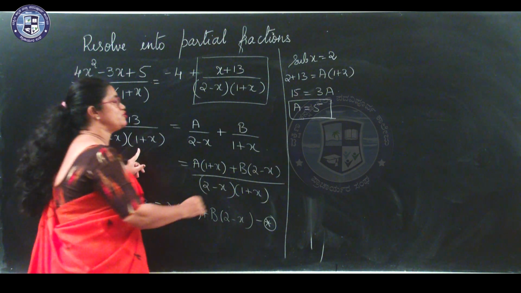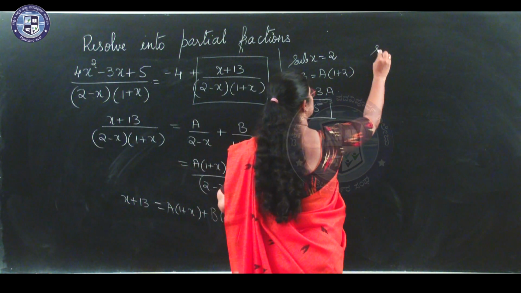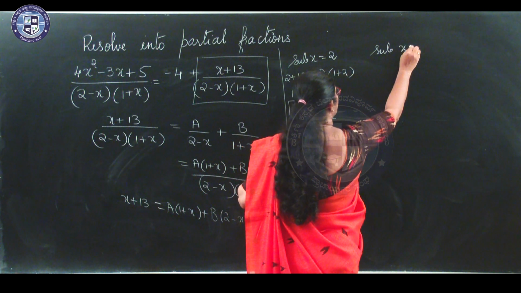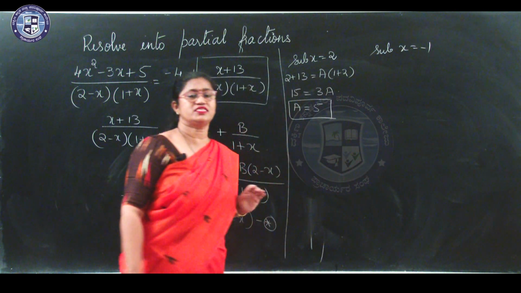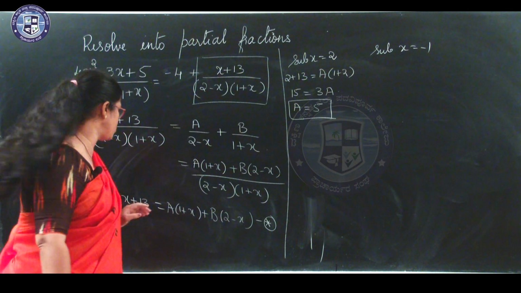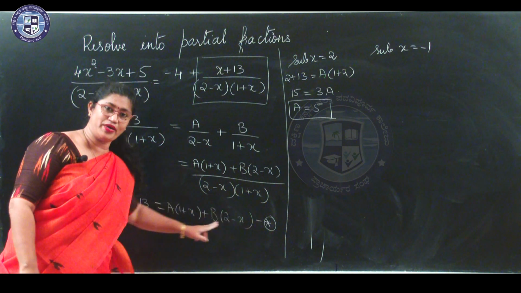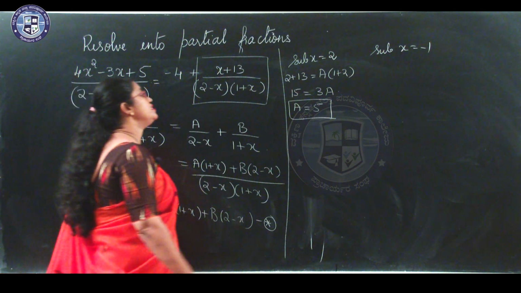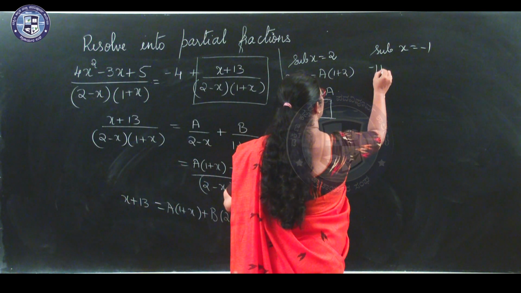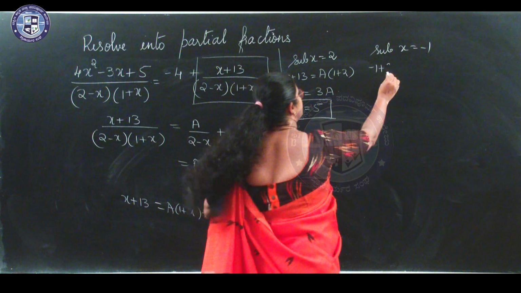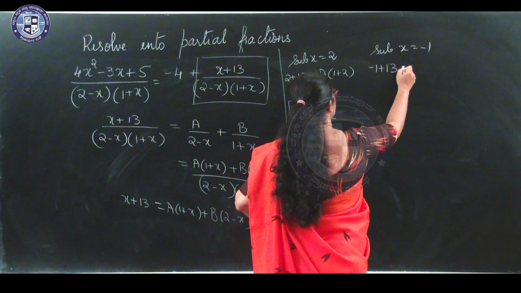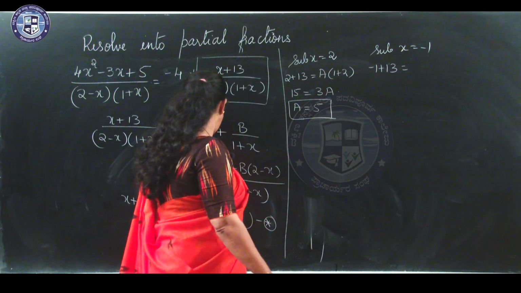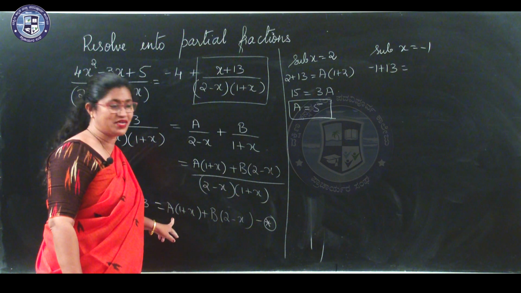Now, the next substitution, substitute x is equal to minus 1. When I substitute x is equal to minus 1, wherever there is x in the equation, replace it by minus 1. Minus 1 plus 13, it is 12 is equal to, here this factor becomes 0.